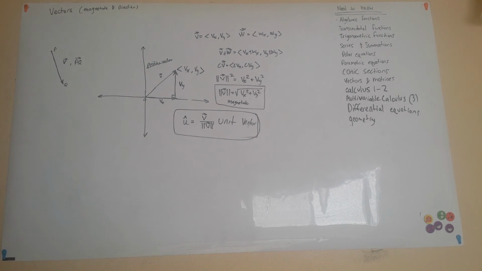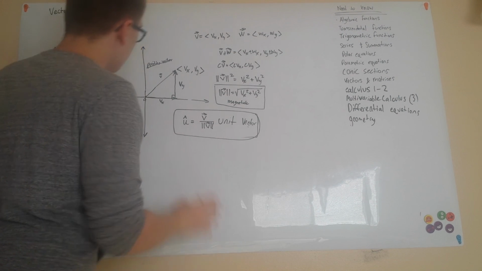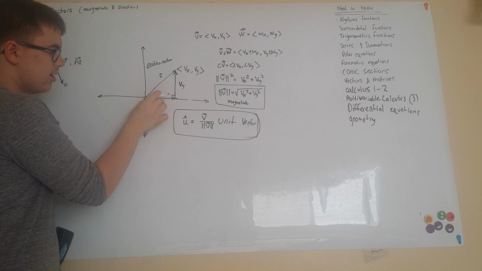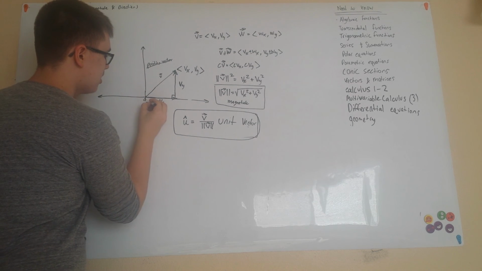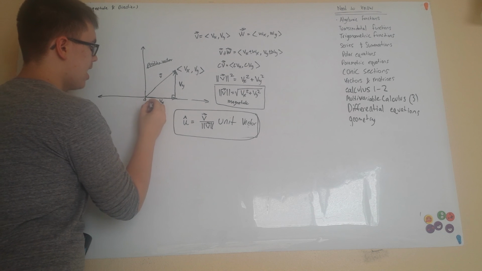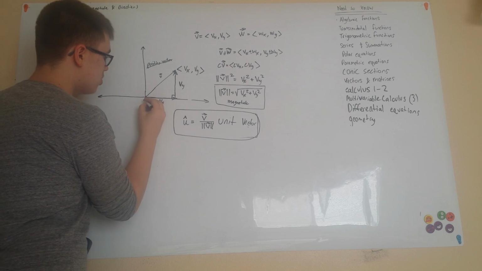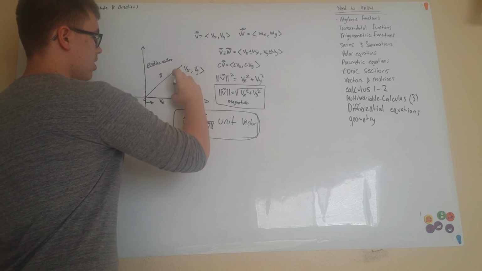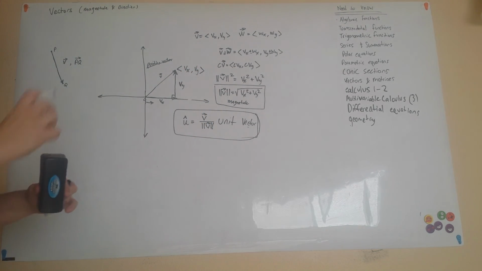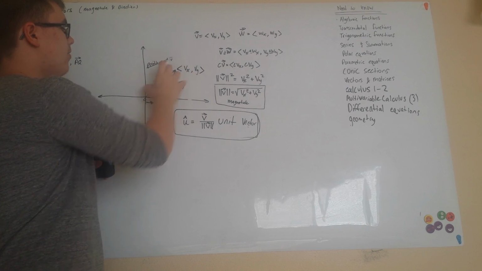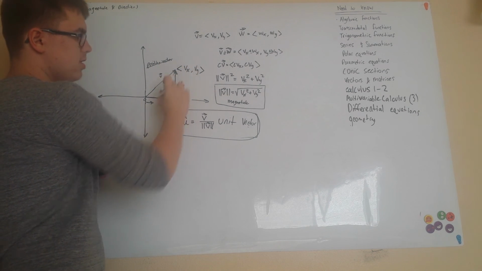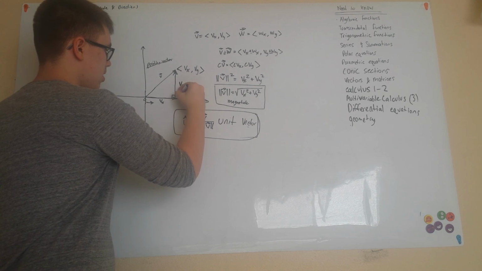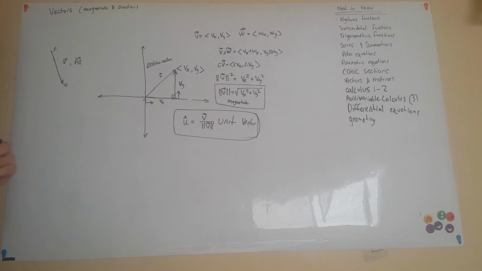So wait. If we scale this vector down to its unit, we get this vector. And we have a special name for that. And if we scale the y component of this vector to its unit vector, we get another special name for that.